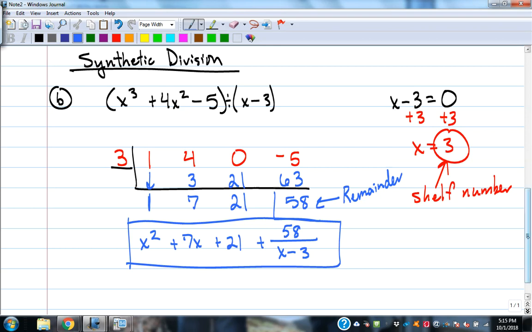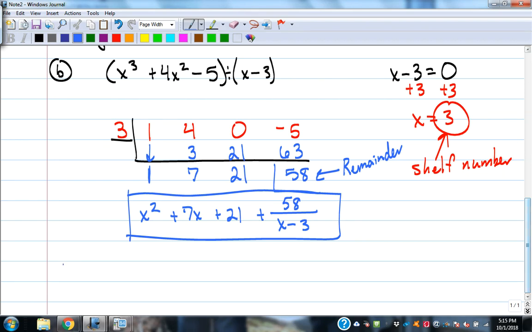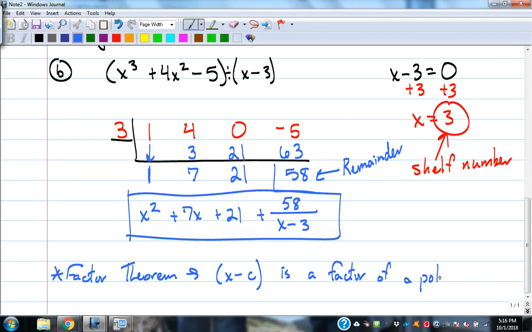There's this thing called the factor theorem. It says that x minus some number c is a factor of a polynomial if f of c is equal to 0.